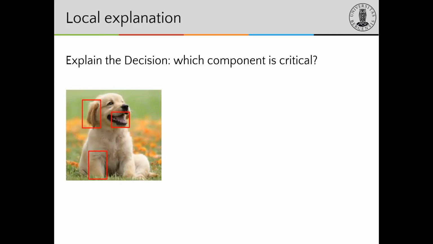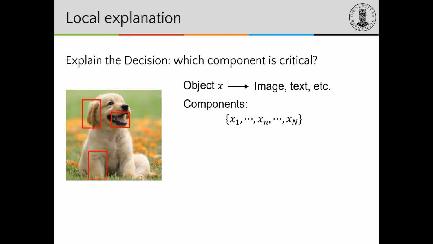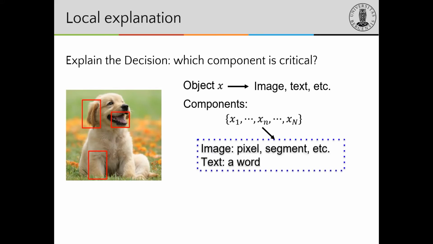In general, if we have an object x, this can be an image or text, and in our example, it's a dog image. We also have the components of the object, x1 to xn. For an image, the components can be pixels or segments, and for text, they can be words.